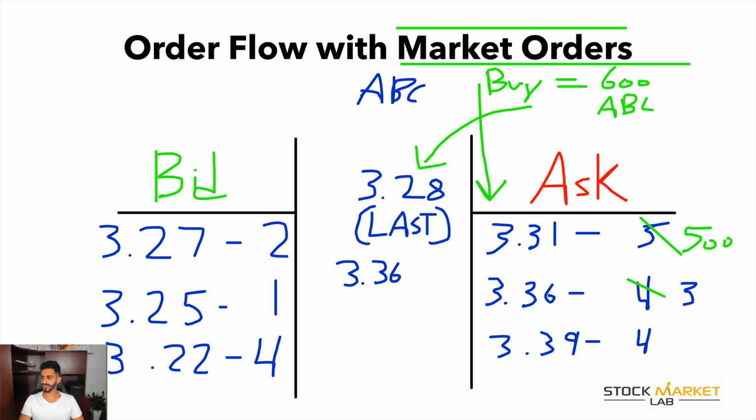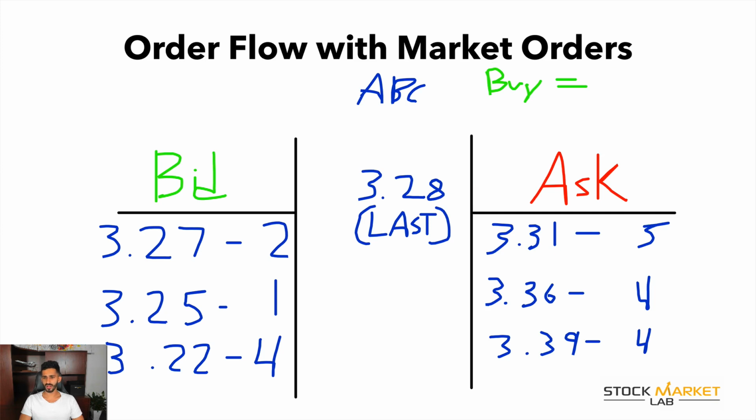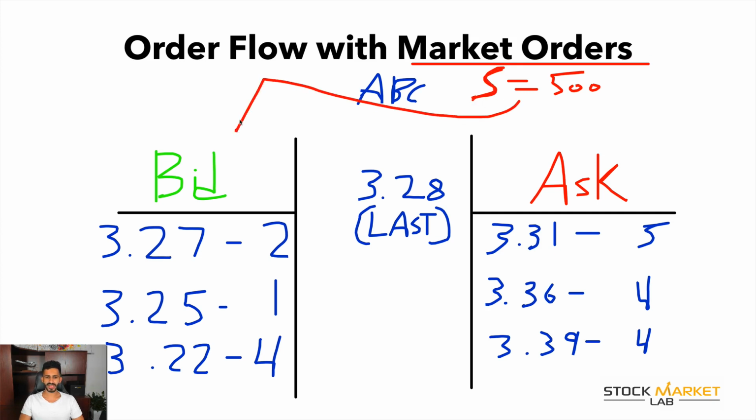Now, if I don't want to buy, I actually want to sell, let's say 500 shares, using a market order. Where am I selling? I'm selling to people that are looking to buy, so I'm hitting the bid. The bid is at 327.